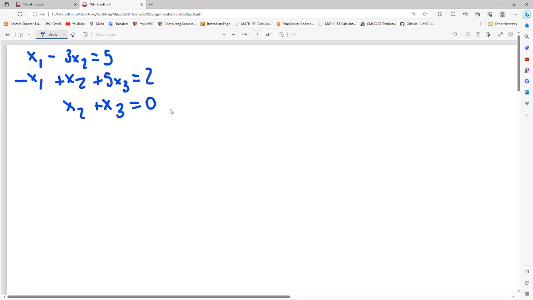So it's important to know how many equations we have and how many unknowns we have. The way we can tell how many equations we have is how many lines there are. 1, 2, 3. All right, we have 3 equations.